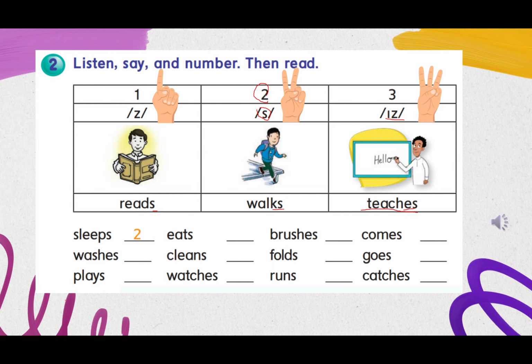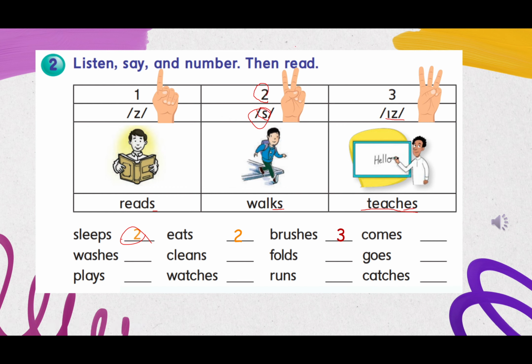Well done. Now read the words with a partner. Okay, let's read them together and number them with my teacher. So here I have sleeps. It ends with S, number 2. So it's sleeps, eats. It is number 2 again. Brushes.